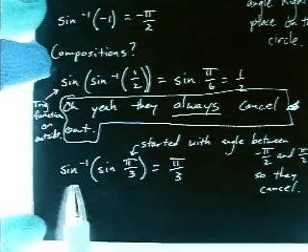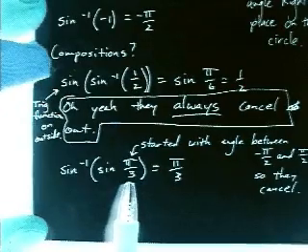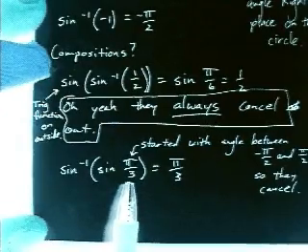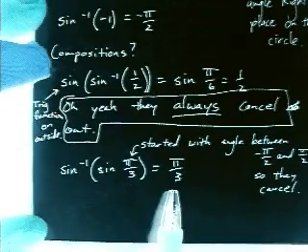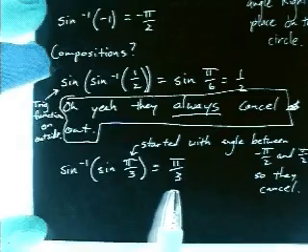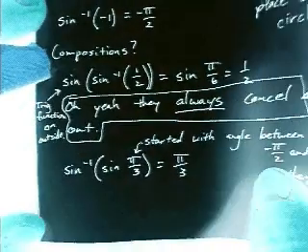Now, it is true that if you switch that around and you have sine inverse of sine of, oh, there's an angle measurement between -pi/2 and pi/2, so you started with something that was in the correct range. Therefore, it will look like it cancels out, and you will always end up with the same thing you started with. But you know that there's a lot of other examples that that's not going to happen for.